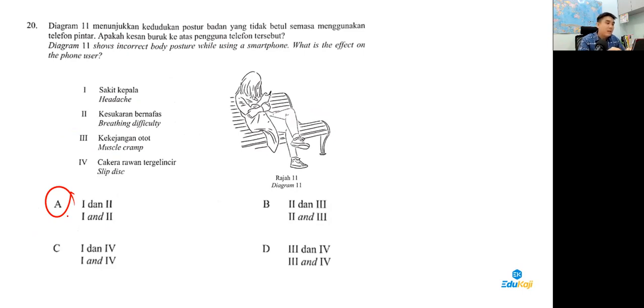So I tried before, I sit a while, then I play my phone, then I got muscle cramp. Yeah, I think that student barely move. I've seen students who can just sit, don't move much the whole day. Yeah. So 20 answer is A.